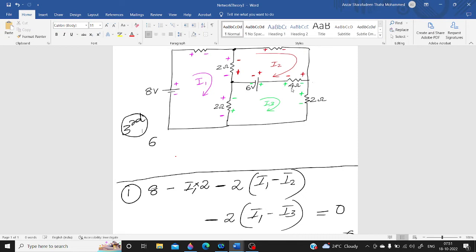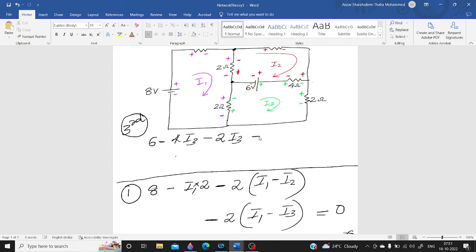Along the direction of current through the resistor, voltage always drops or decreases. So minus, the resistor value is 4 and the current is I3, so it is minus 4I3. Okay, and here also minus, potential decreases. So minus, the resistor value is 2 and the current is I3, minus 2I3. And here this 2 ohm resistor, along the direction of I3 there is a decrease in potential.